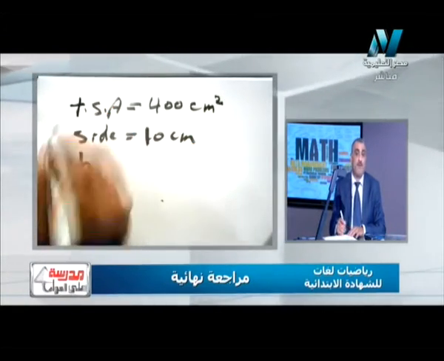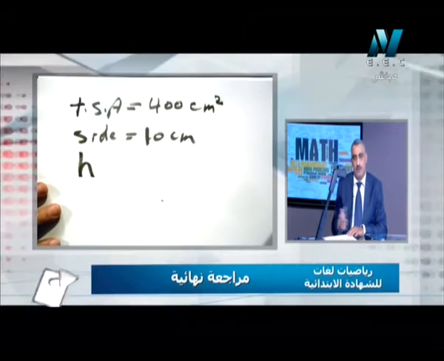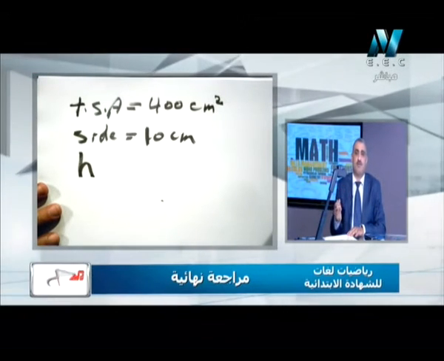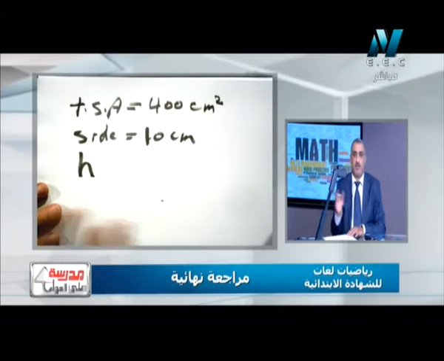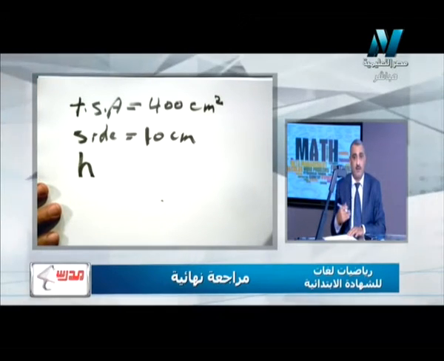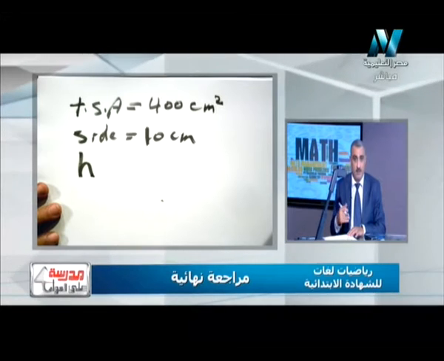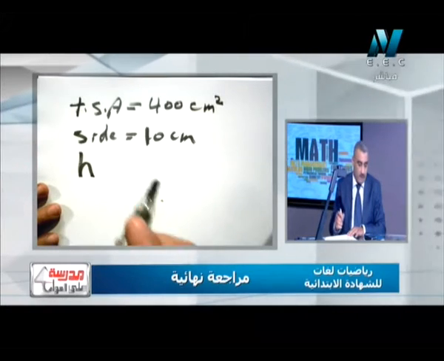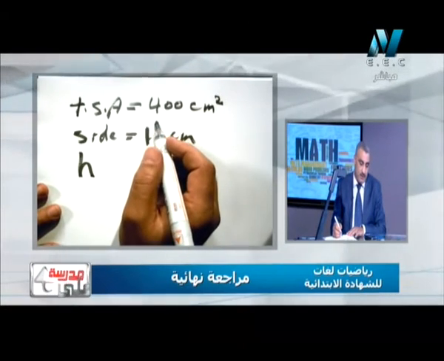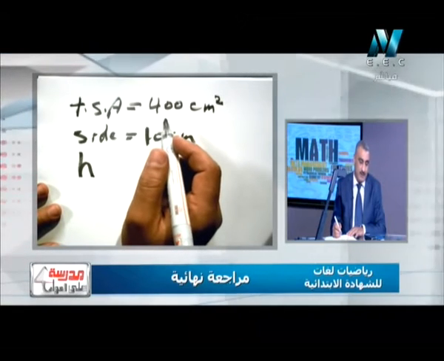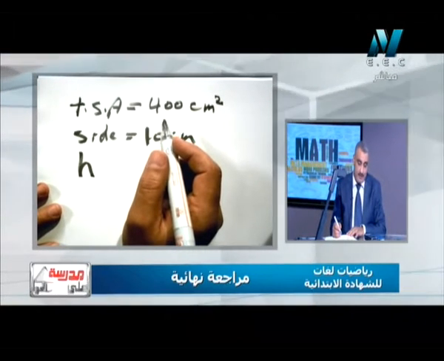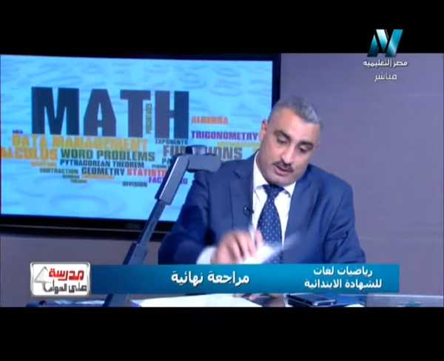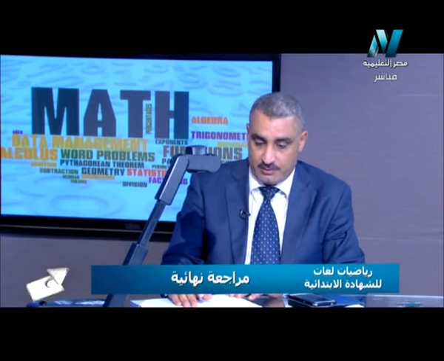What is the rule of the total surface area, or how can we find the total surface area of a cuboid? We can't find the total surface area of a cuboid without knowing the lateral surface area. Can I find the lateral surface area? Okay. The 400 here is the total surface area of a cuboid. And what else do I have? I have the square base, which equals 10. The square base, I can find its perimeter.